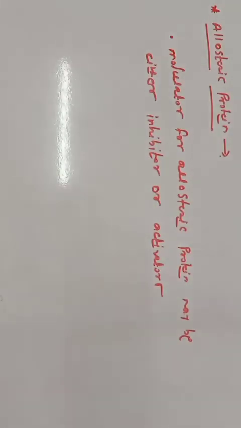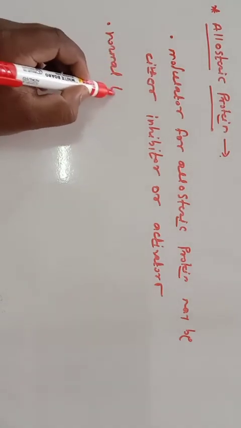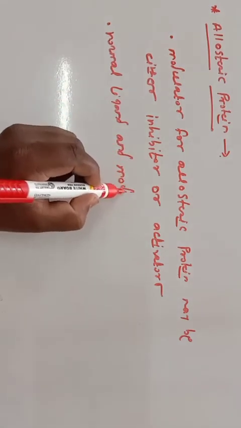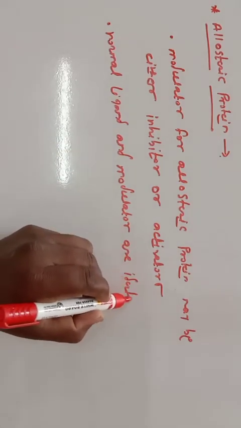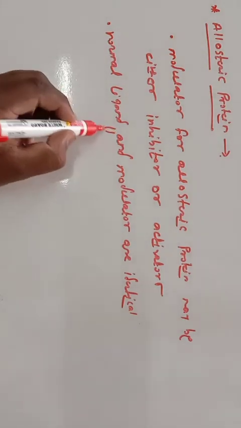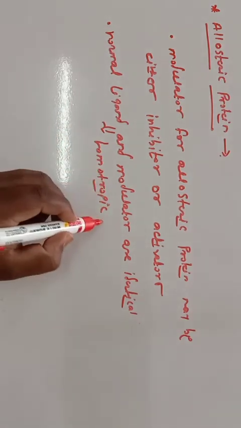Again, the next important point is that when the normal ligand and the modulator are identical, then the interaction is termed a homotropic allosteric interaction.